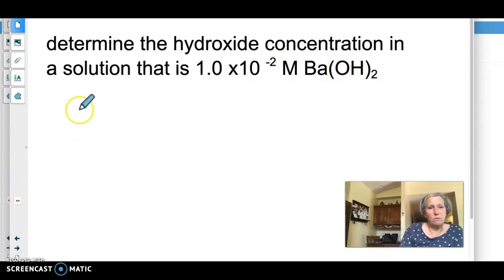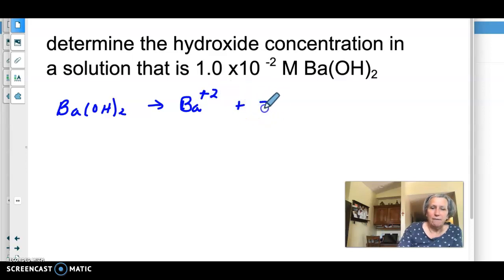So I'm going to try writing the equation. Barium hydroxide is going to dissociate into barium ions with the +2 charge. Here's my +2 charge. And I'm going to have 2 hydroxide ions. Do you guys remember this? So if this is 1.0 times 10 to the negative 2, the barium ion concentration is also 1.0 times 10 to the negative 2.